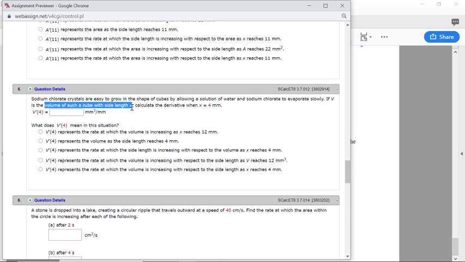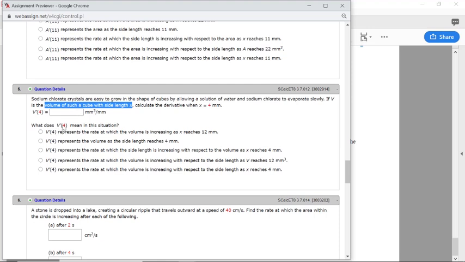What is the formula for the volume of a cube where the side length of that cube is x? You need that formula. That's V of x. Then you're going to need to calculate the derivative of that formula with respect to x, because the denominator here is a unit of distance, the millimeter distance, and then you're going to input 4 into that in order to evaluate this.